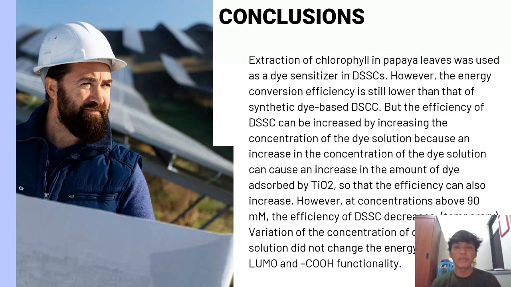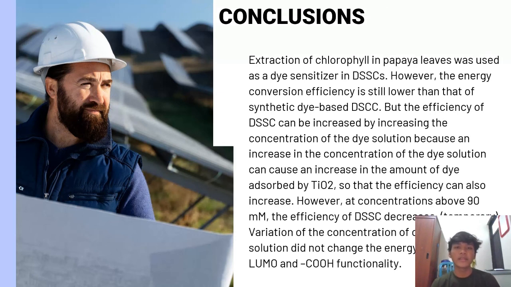0.094% at 90 millimolar. The concentration of the dye solution also increases the efficiency of the DSSC due to an increase in the amount of dye absorbed by titanium dioxide. However, at concentrations above 90 millimolar, the efficiency of the DSSC decreases due to the aggregation of dye on the titanium dioxide nanostructure.